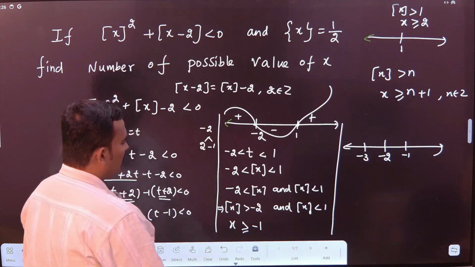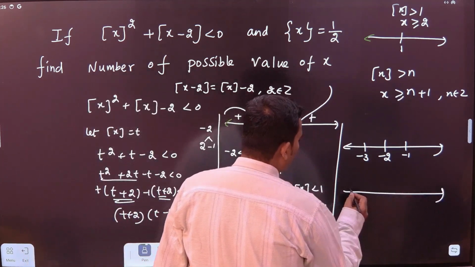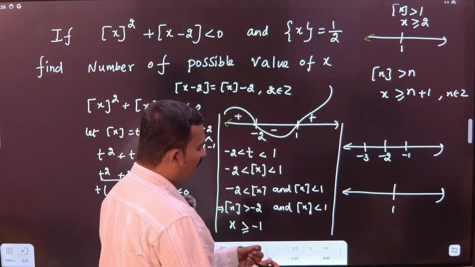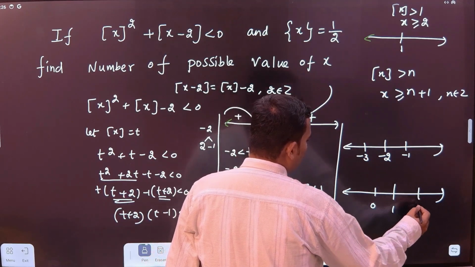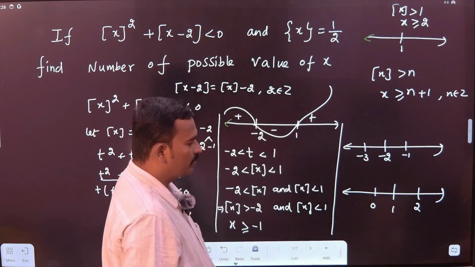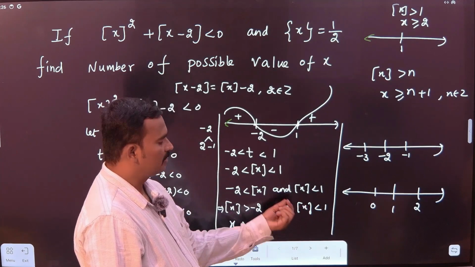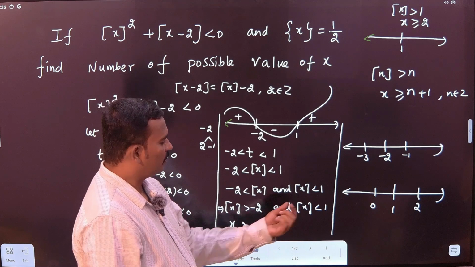Clear? The same way you can take this second one. You can mark it on the number line. Let's take 1 here. If you take less than 1, here is 0. If you take more than 1, let's take the neighborhood point 2. Let's take less than 1, let's take 0.5. 0.5's greatest integer function is what? 0. 0 is less than 1.